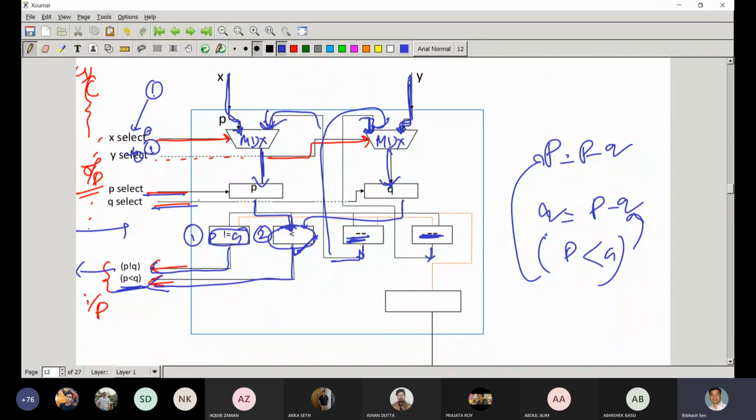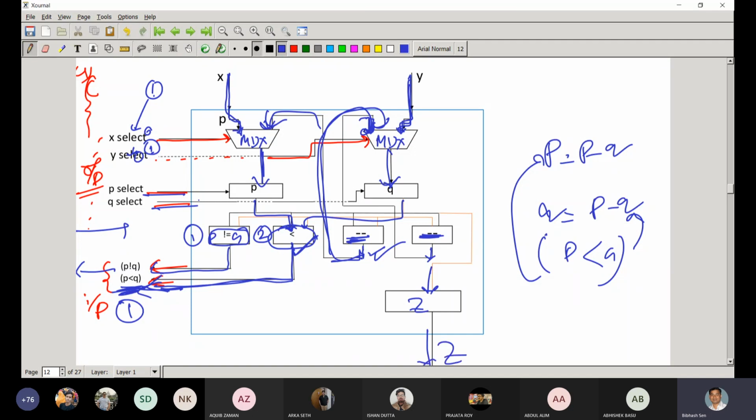So if this condition is true, then it will signal one, maybe something. So this control helps you generate and activate this one, and after that the output will be activated. Finally, from these two, the final output Z will be stored here, and that will come out as my final output.